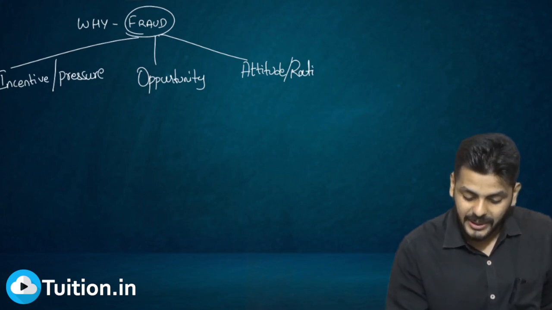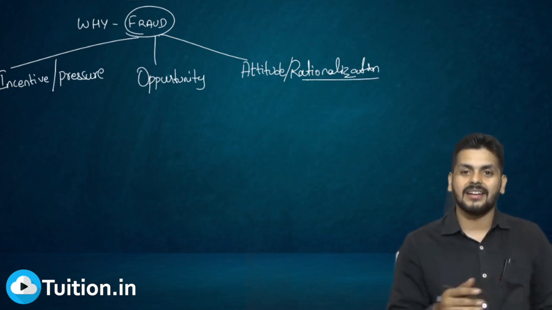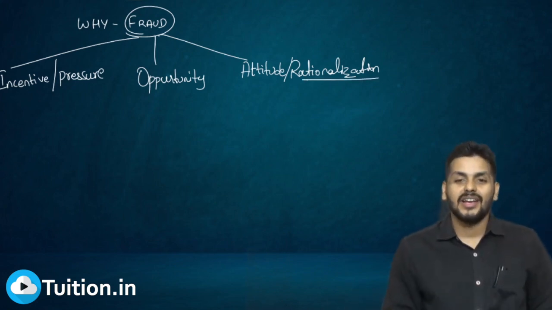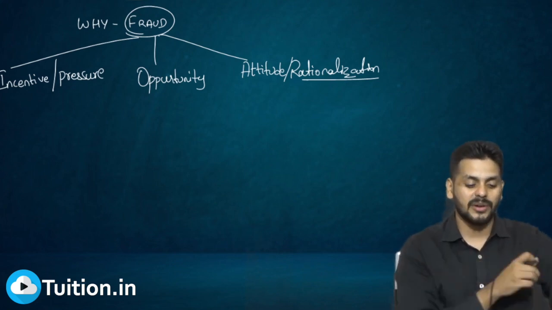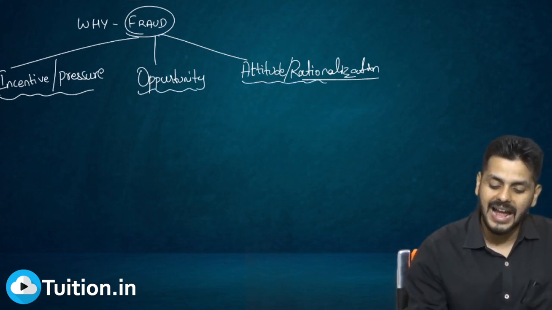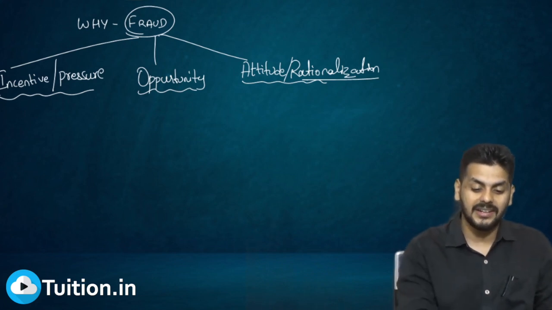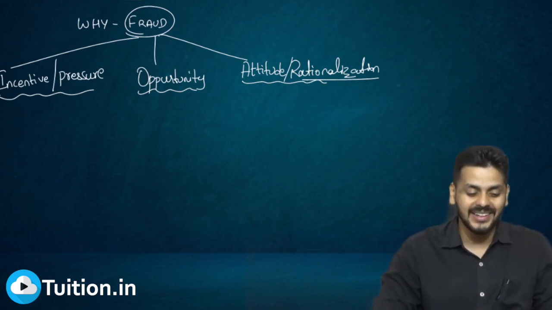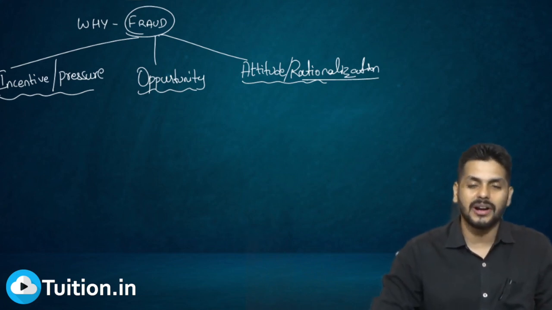Now there is nothing that I can say about this, because he is somebody who has rationalized their mind. What I'm doing is I'm fine with it. It's not a fraud. And when they think like that, there is nothing that you can really do about it. Okay. So the incentive or pressure, the opportunity, or attitude and rationalization, all of which can lead to quite a great damage. Okay. So those are the four reasons you see as to why fraud happens.